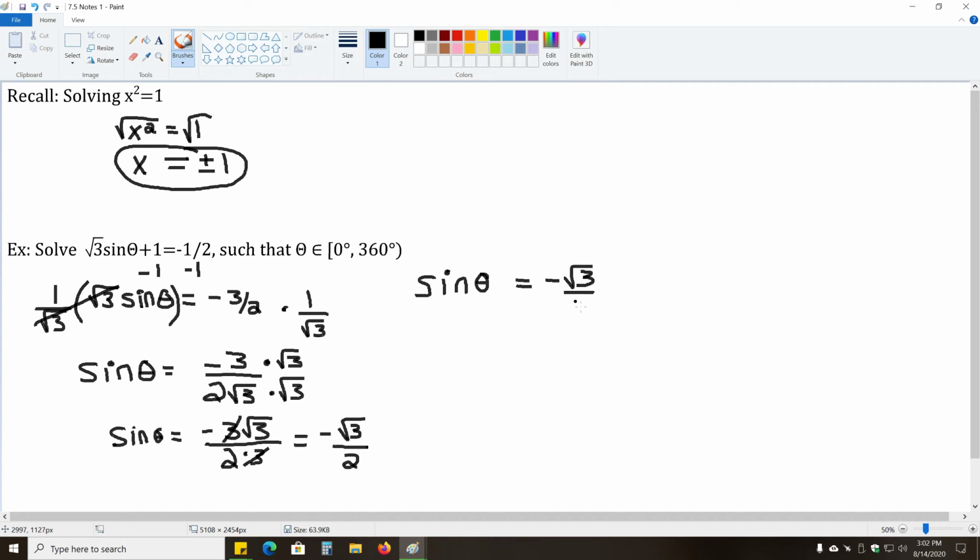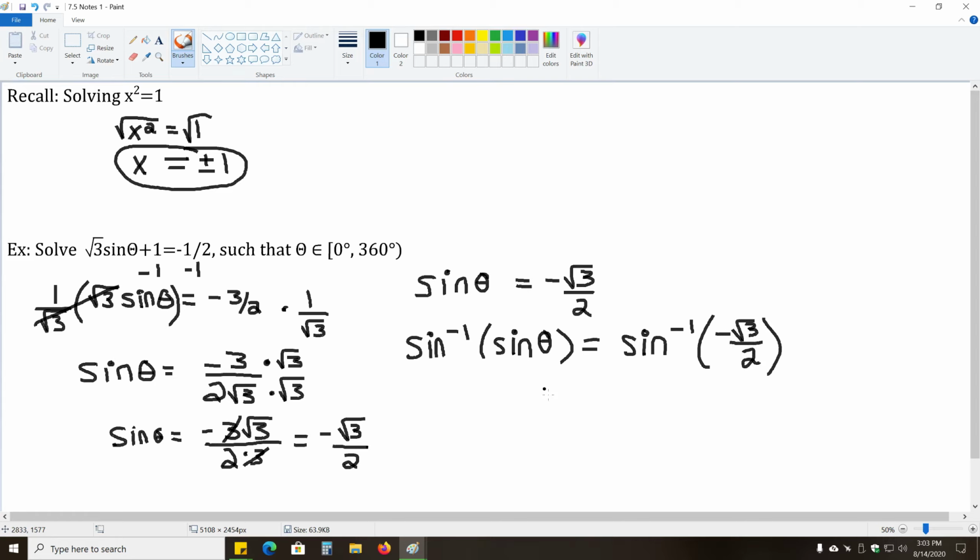And finally, to solve for theta itself, the variable, we will take sine inverse of each side of the equation, which leaves us with theta equals sine inverse of negative square root 3 over 2.